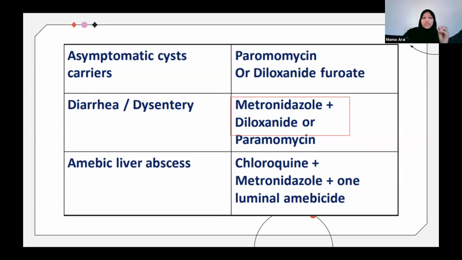You don't have to have it together with any other drug because it's asymptomatic. It's the least amount of medication you can use. Or paromomycin. If the patient comes with diarrhea or dysentery, which means bloody diarrhea, you should use it together. So metronidazole is a must, or you combine it with diloxanide or paromomycin. They're both fine. In the question before, it was this combination, the one in the red box.